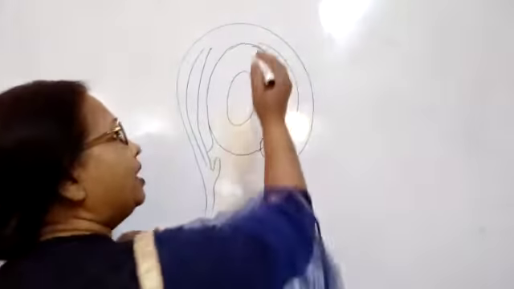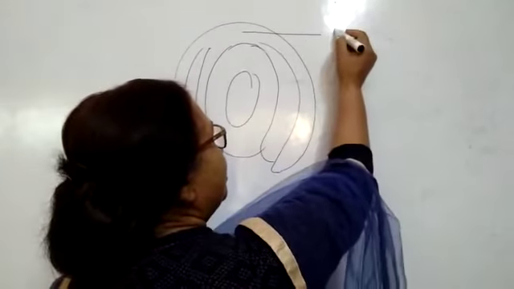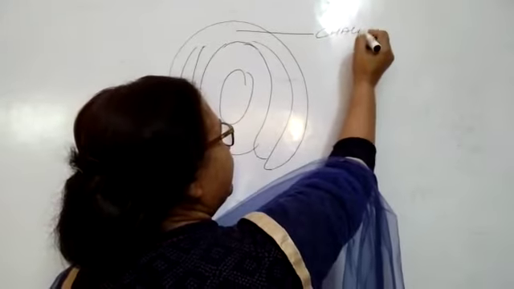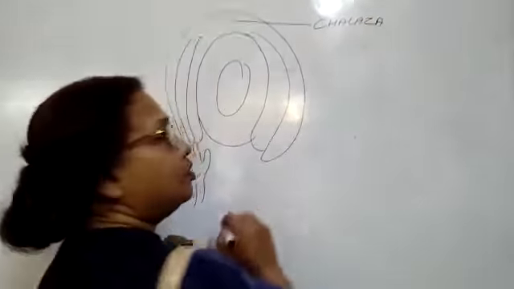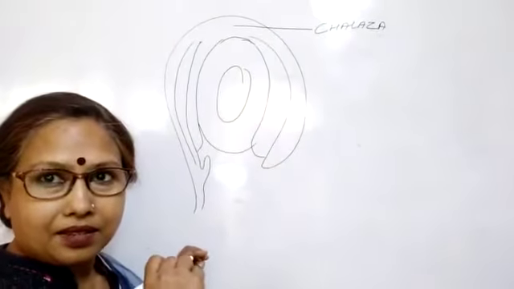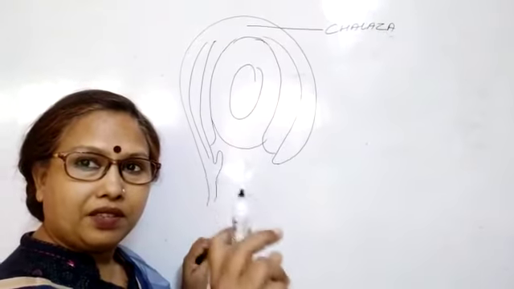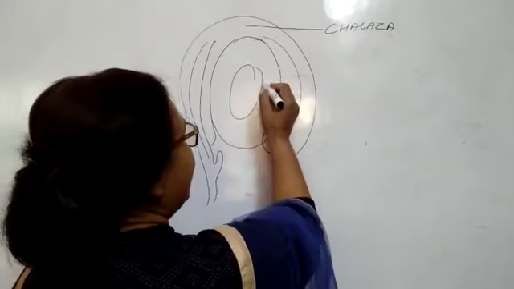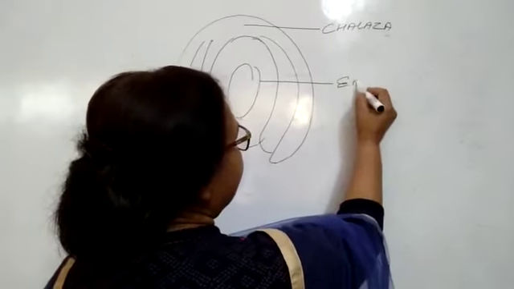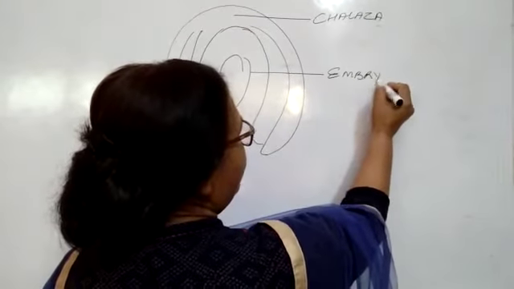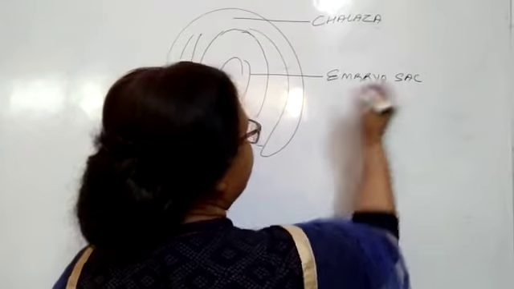Second, when we label it, suppose if I label here, then use the parallel lines, and the labeled word should be written with capital alphabets like this: embryo sac.